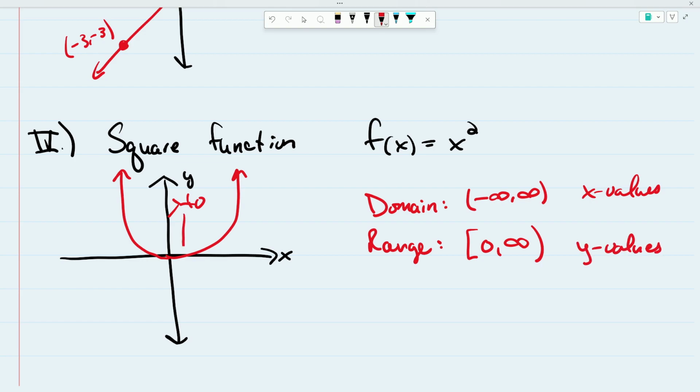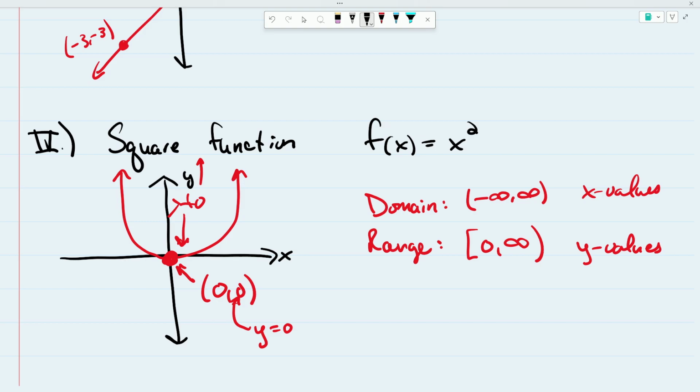Now notice the lowest point I can get on this function is the vertex, which is ironically at the origin of 0, 0. And look at that y value. Y equals 0. So that's the lowest I can get. The highest I can get, in other words, if I walk up the y-axis, the highest I can get is going to be infinity because the square function goes on forever. And that's exactly how we read functions for domain and range.